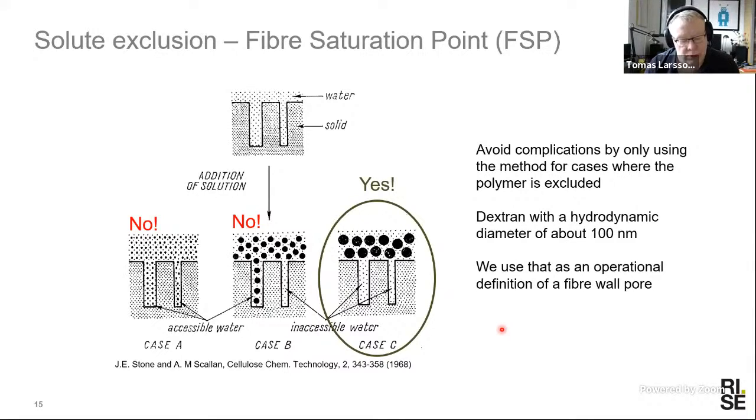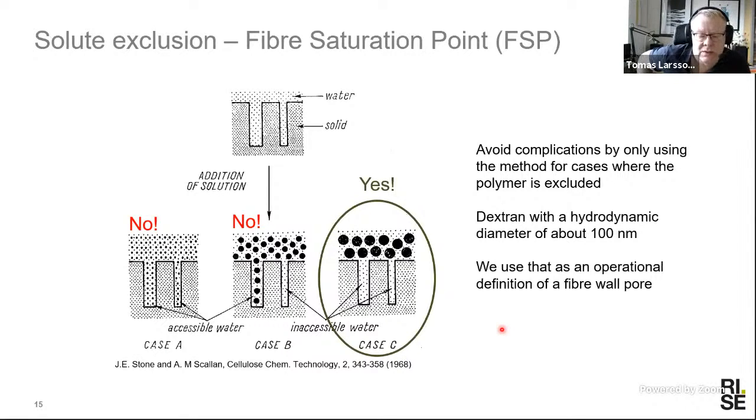But determining pore size distribution, then you have to deploy a whole set of dextrans with different molecular mass. Some of them will penetrate into the fiber wall and some won't, and so on. And this has been criticized a lot because there are complications with the penetration of swollen molecules into a pore system and so on. But we don't use it as such.